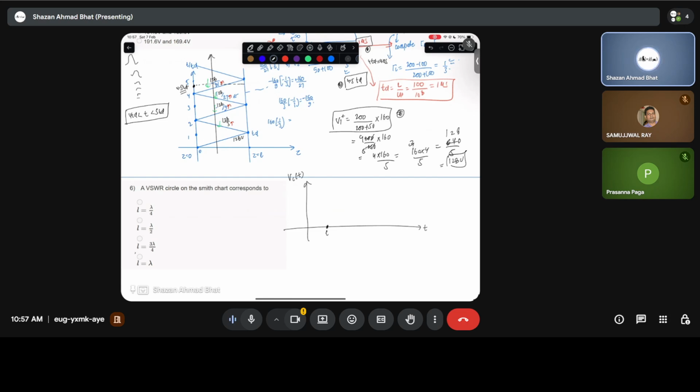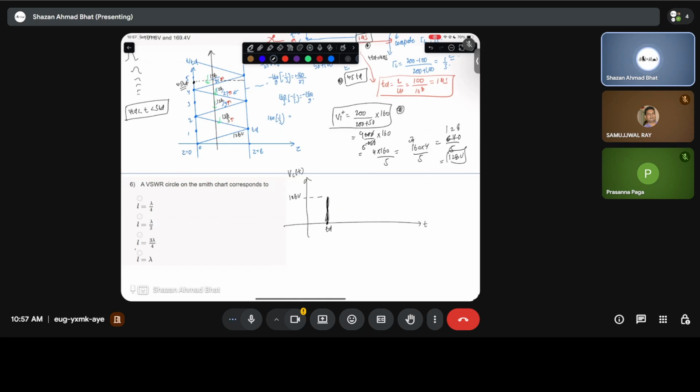At time TD, this will rise to 128 volts, and then it's going to be 128 plus 128 divided by 3. I don't know the exact value, but it'll obviously be slightly increased.